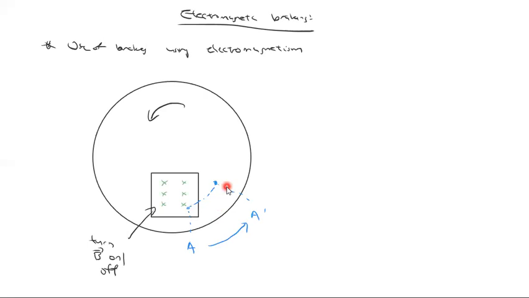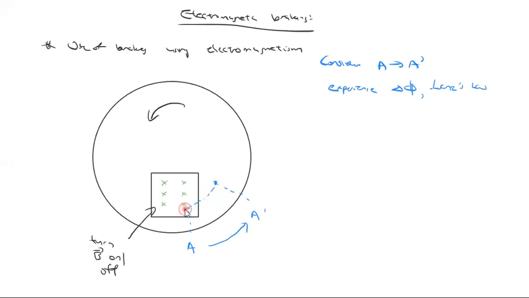And if you consider the point going from A to A prime, you'll hopefully notice that here it's in the magnetic field, here it's not. So it experiences a change in flux. And because it experiences a change in flux, by Lenz's law, it's going to induce a current. This current will oppose the change in flux.